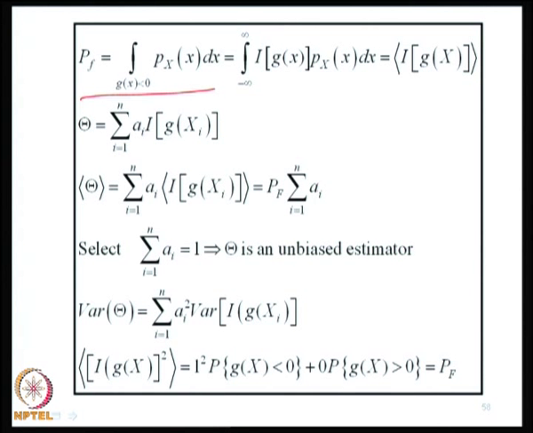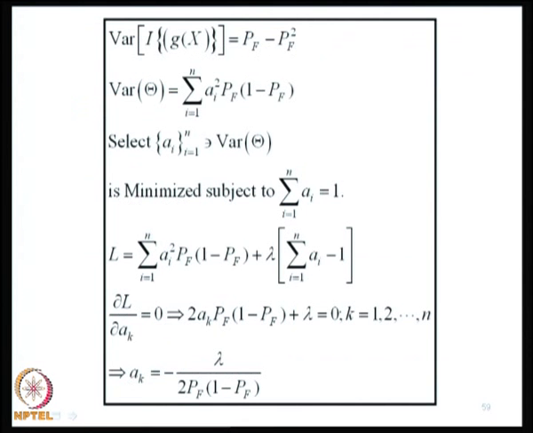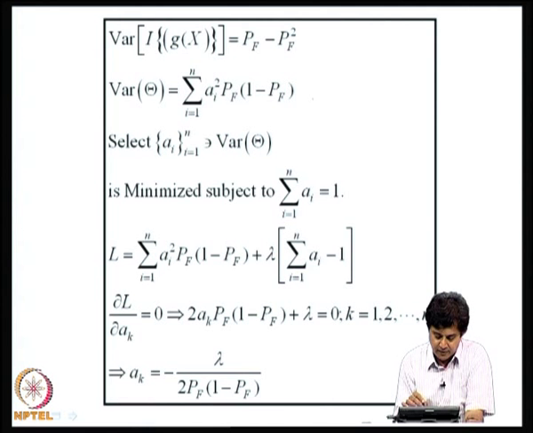If this summation is equal to 1, theta is unbiased. For the variance of theta, I can do a simple calculation and show that it is given by the sum over i from 1 to n of a_i square times Pf into 1 minus Pf.